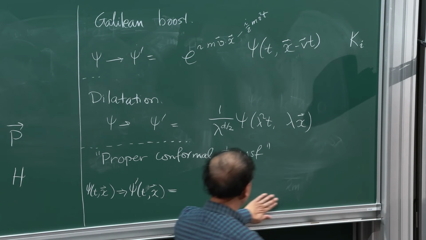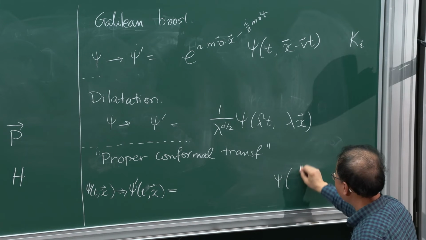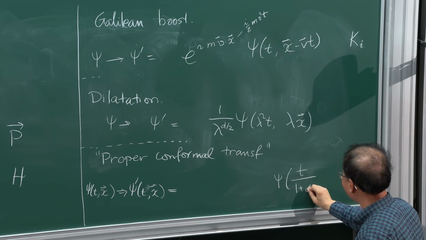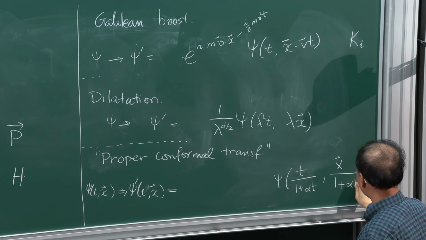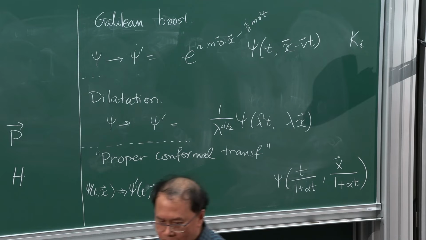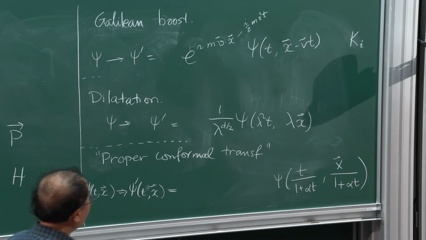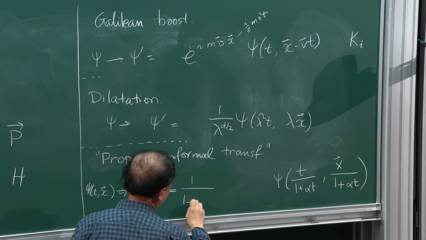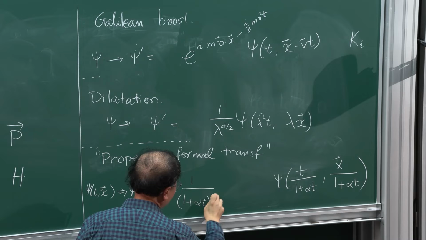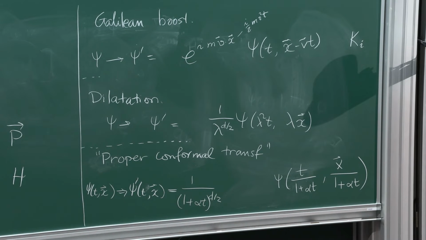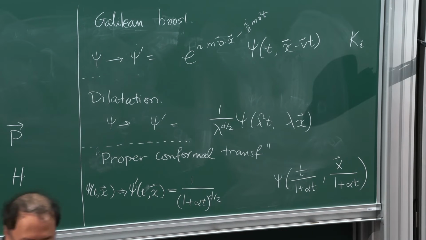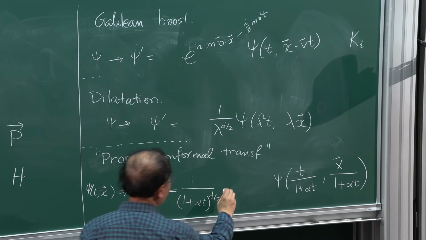I get psi of t divided by 1 plus alpha t, x divided by 1 plus alpha t, times various factors here that need to be found. This factor is basically to ensure that the normalization of the wave function remains the same.